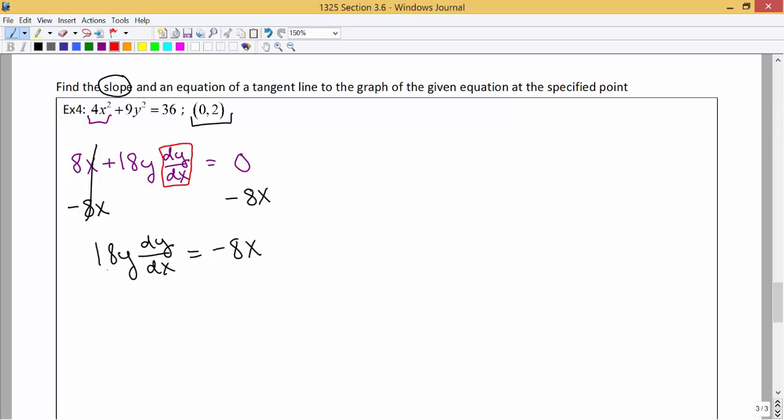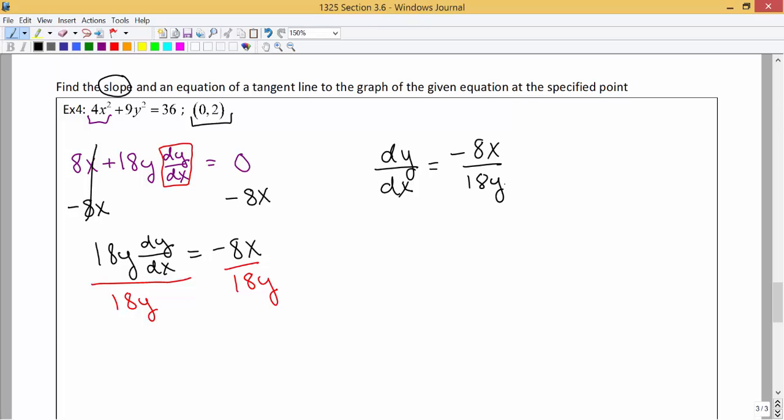Then we're going to divide both sides by 18y. So the derivative of y with respect to x would be negative 8x divided by 18y. So this is the slope formula, the derivative of the function.